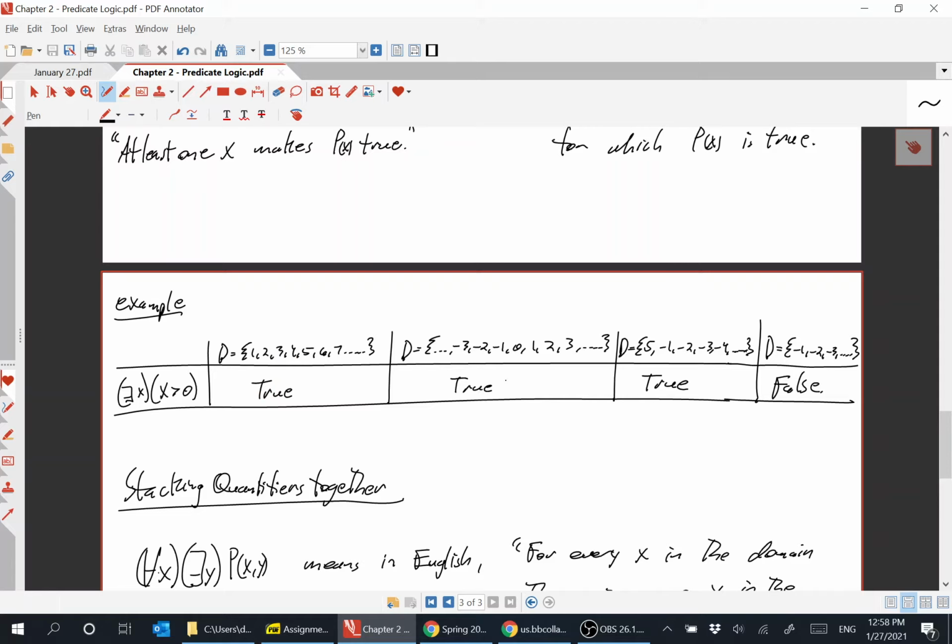It's true here. There's infinitely many elements of that domain where x is bigger than 0. Here, there's only one element in the domain where x is bigger than 0. And here, there's nothing in the domain such that x is bigger than 0. We're just taking the negative integers there: -1, -2, -3, -4, and so on.